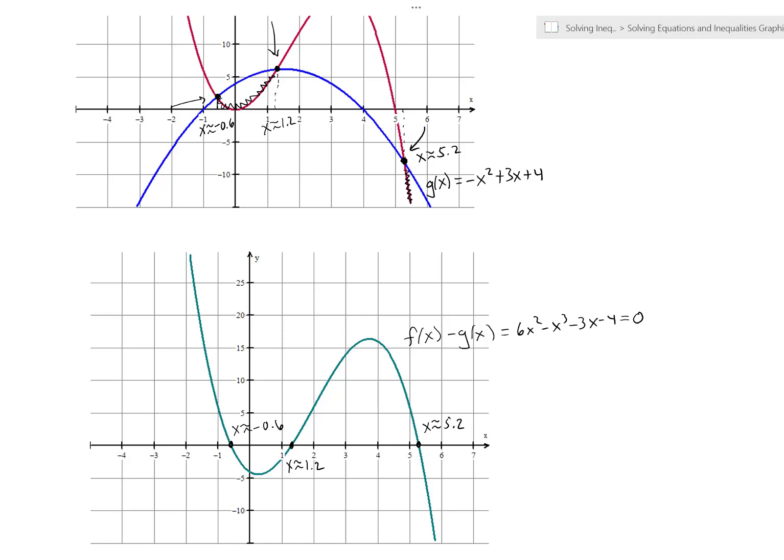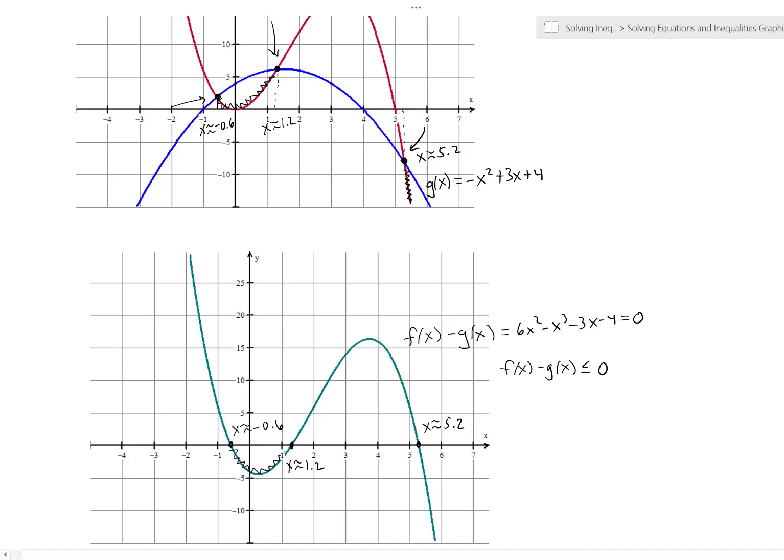Might as well just do the very last piece, and that was what part B was asking: where is this function f of x minus g of x less than or equal to 0? Because remember, before we were asking where f of x was less than or equal to g of x. Bring the g of x to the left-hand side. Now we're asking where the difference in these functions is 0 or below 0. Where is it below the x-axis?